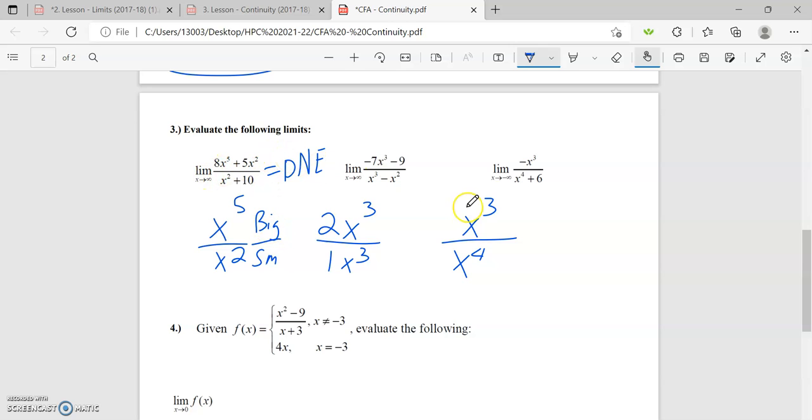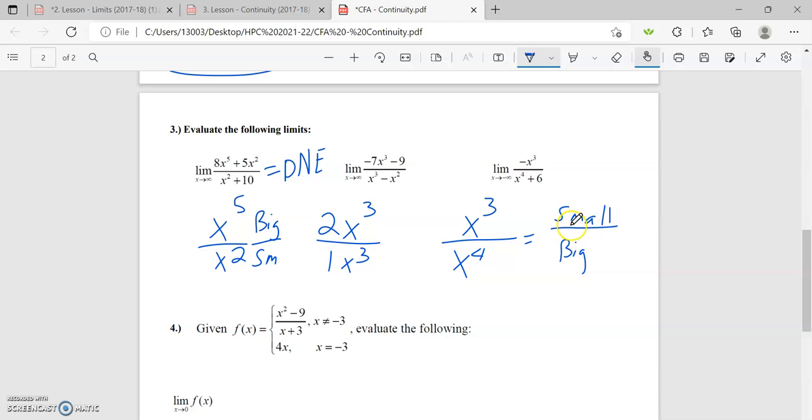I'm going to jump to the third one here quick. The third one, we have x getting really, really big, well, on the bottom, it's getting bigger faster than it is on the top. So this one is becoming, again, this is a very gross generalization, but as the video is going here, I'm wanting to emphasize just the generalizations.